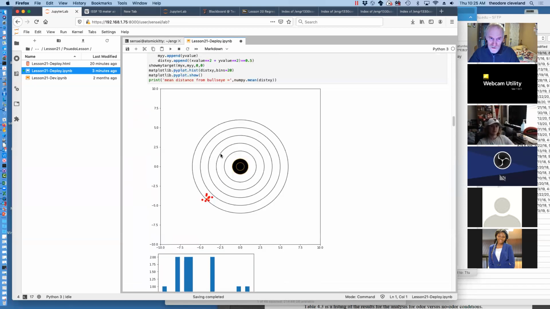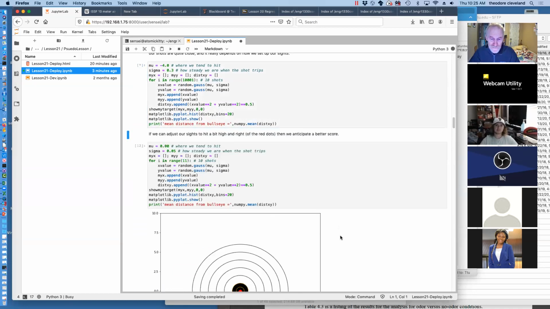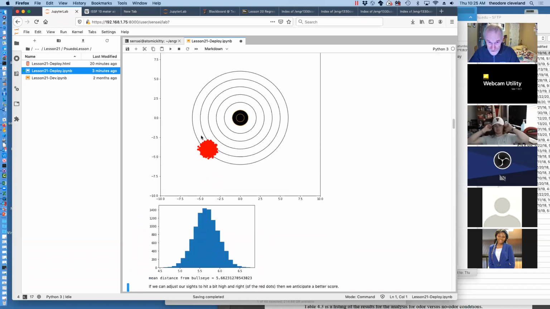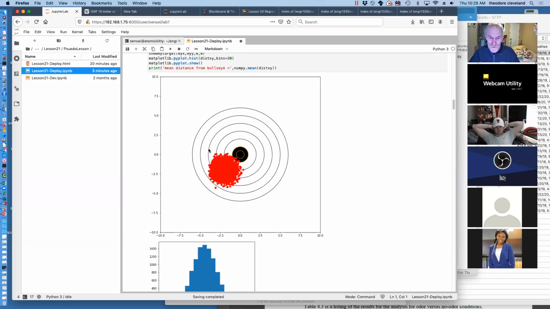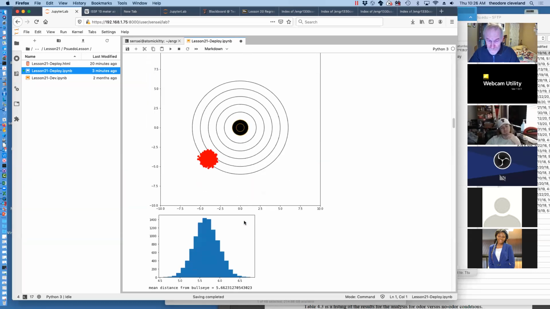In terms of precision, if we take 10,000 shots, that's a much smaller blob than we had up here. So our tool, our ability to shoot the pistol, our precision has increased, but our accuracy still sucks.